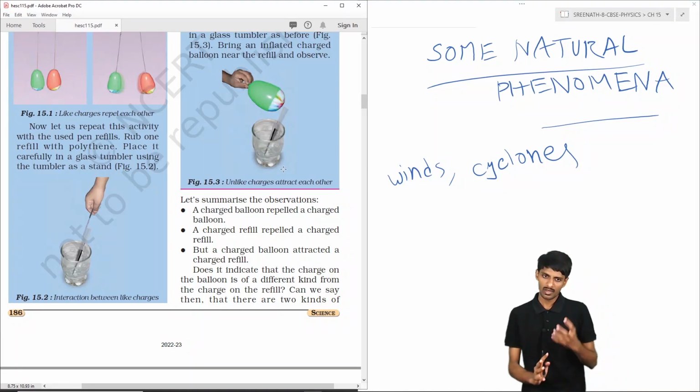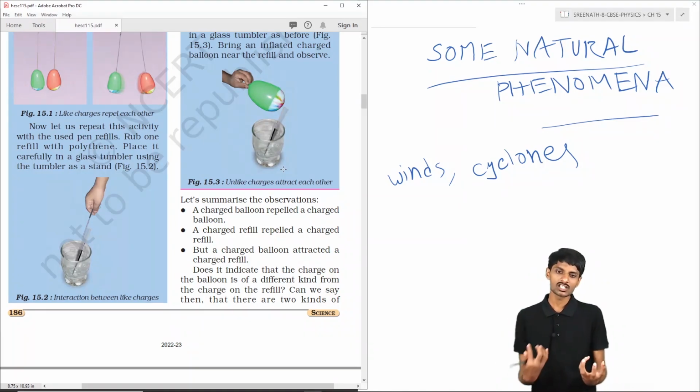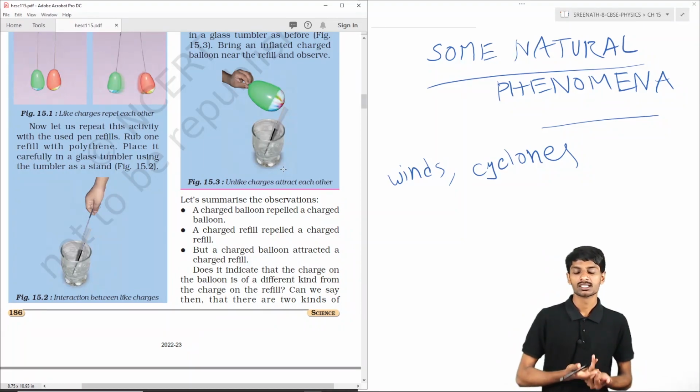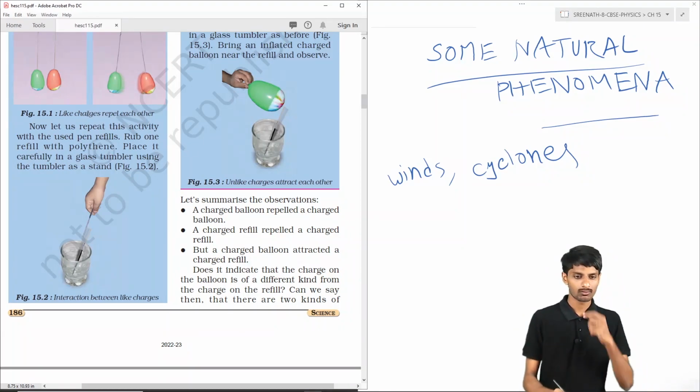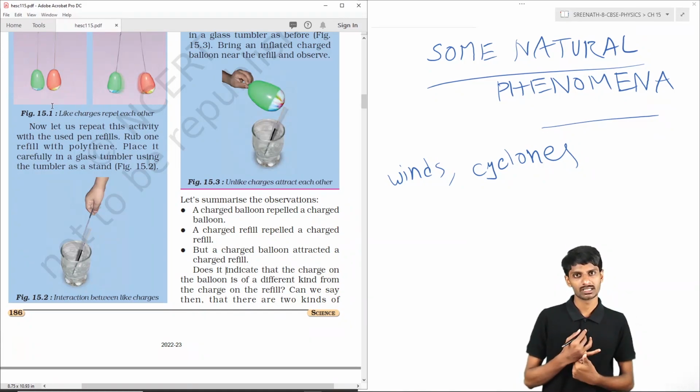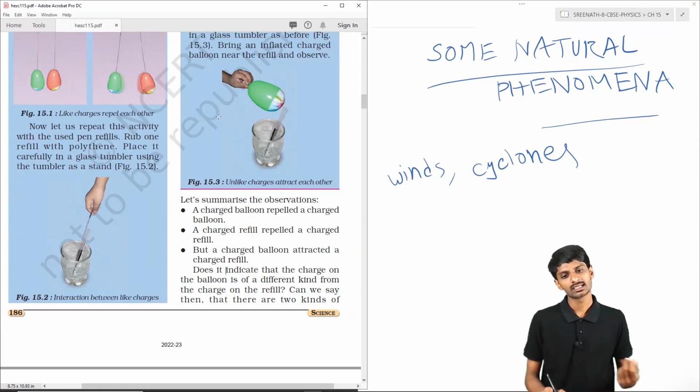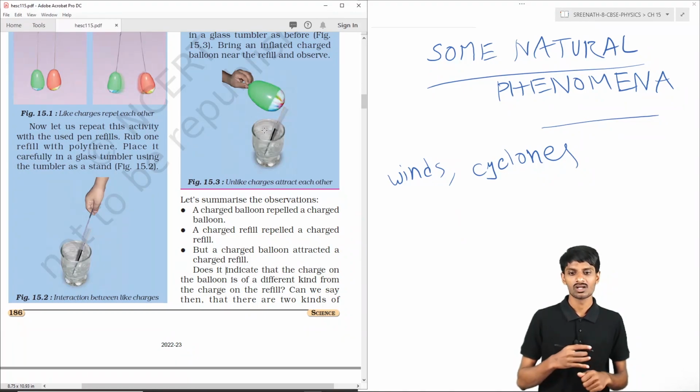If the charges were the same, they would repel, as with two balloons made of the same material. In this case they attract, so both have different charges.